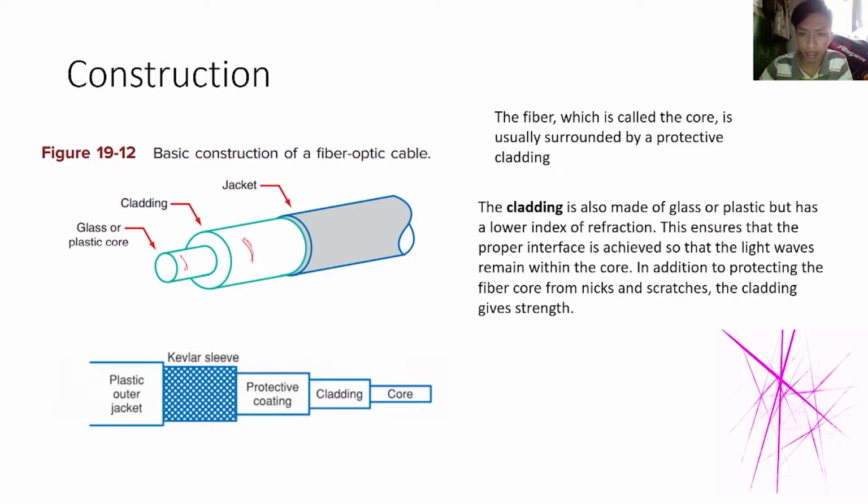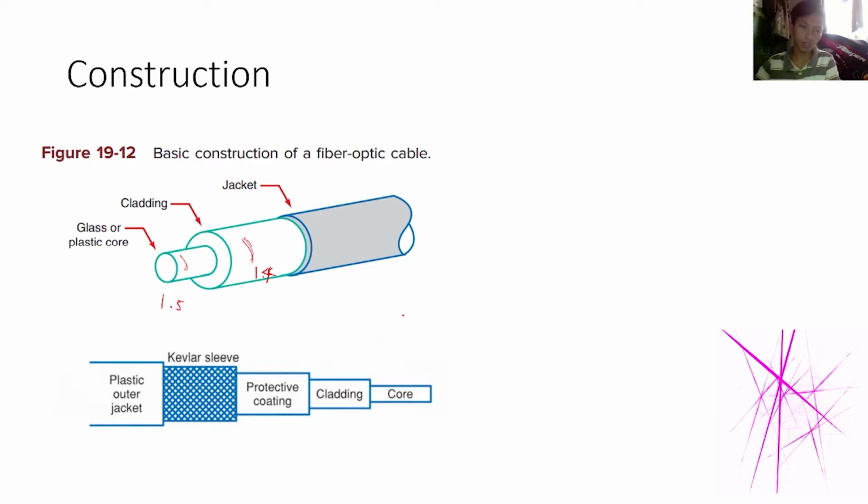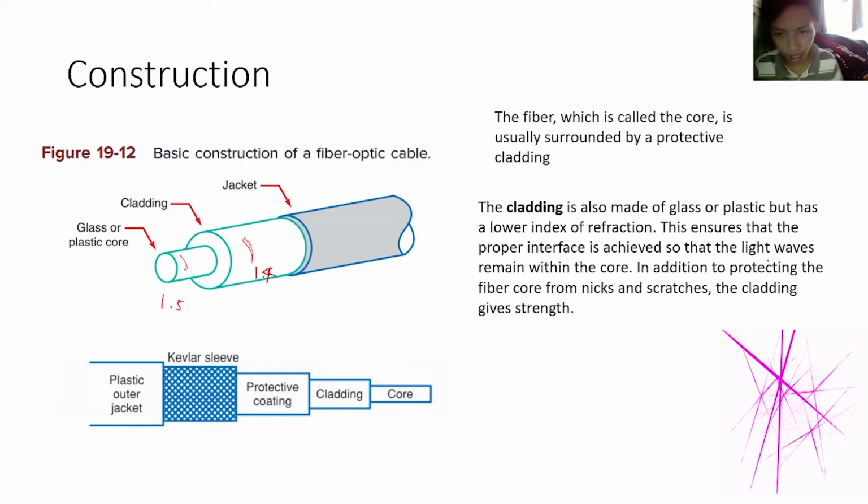That's why in our previous slide, the difference between the two is just 1.5 and 1.4. This ensures that the proper interface is achieved so that light waves remain within the core. In addition, to protect the fiber core from nicks and scratches, the cladding gives strength.